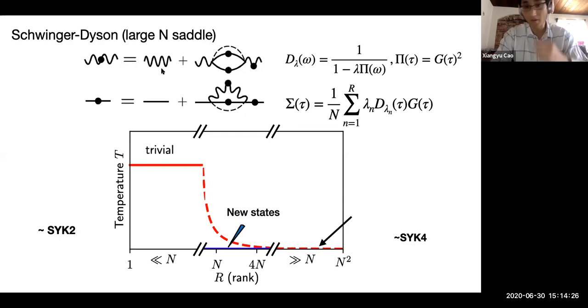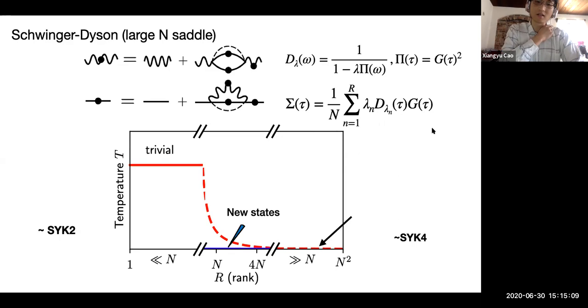It is either a bare boson or comes from a self-energy, which is a fermion loop. The straight line is a fermion, the dot means dressed, and the dashed curves mean disorder averaging. So this D is a boson propagator, and it is given by a boson self-energy, which is a fermion loop, and also a fermion is coupled to a boson like this, so that the fermion self-energy is given by this.